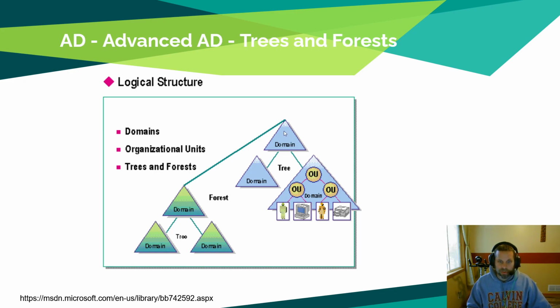I don't know why we would do that, but let's say we did. And we have a trust that allows items from this domain to talk to items in this domain, or in particular, this domain tree. So it can be used to logically put things together, and these links between these are called trusts.